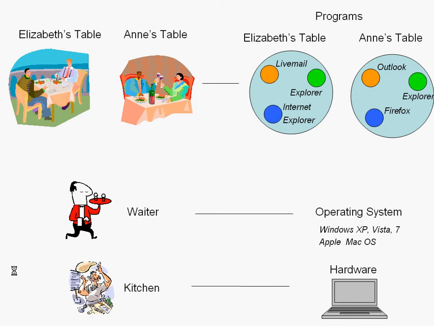She's eating Live Mail, she's eating Internet Explorer, and she's going to eat the Explorer, and she's switching between these meals as she wants to, and these meals are all making requests of the operating system to retrieve the mail, to change the size of their window on the screen, or to save a file or open a file. They're all making requests of the operating system, which is the interface to the hardware, to provide those things.